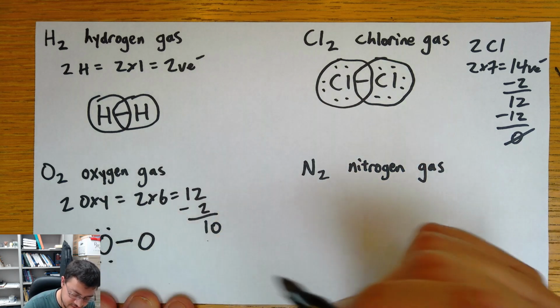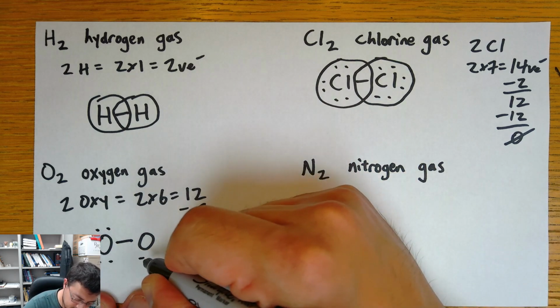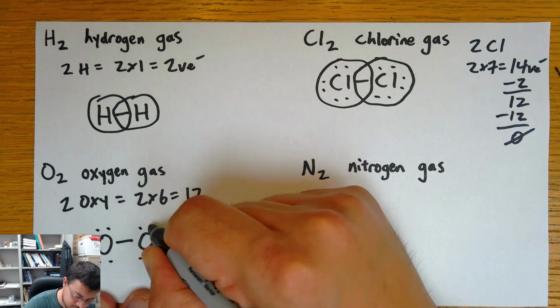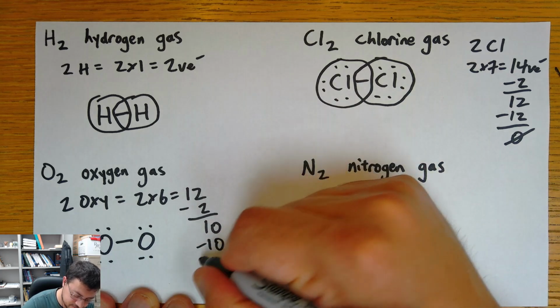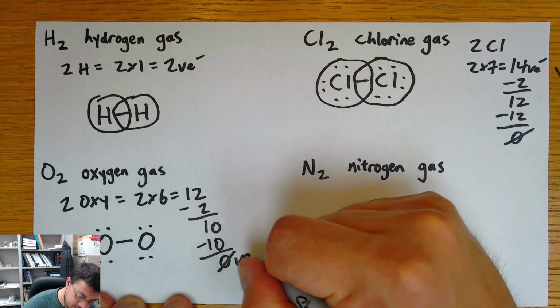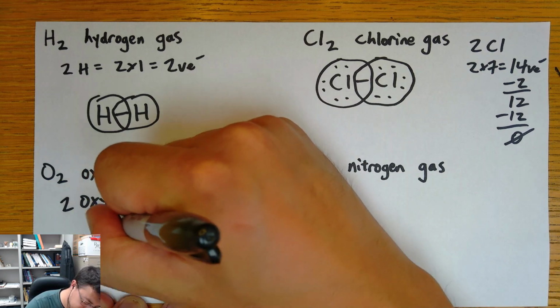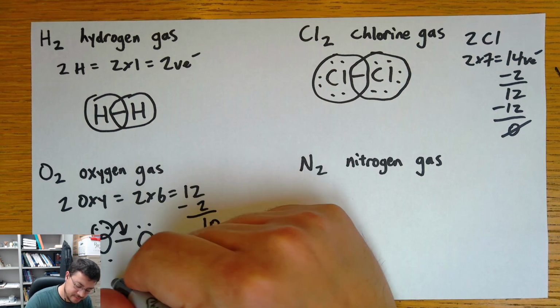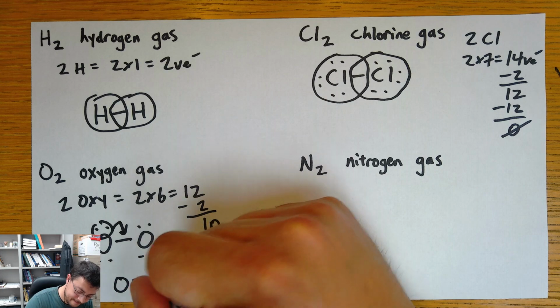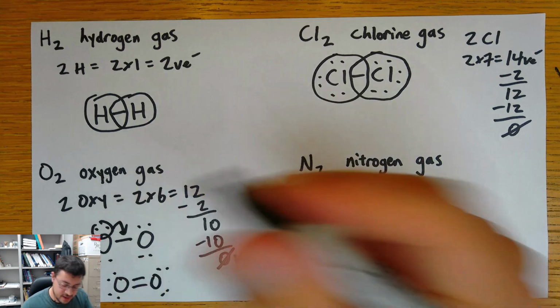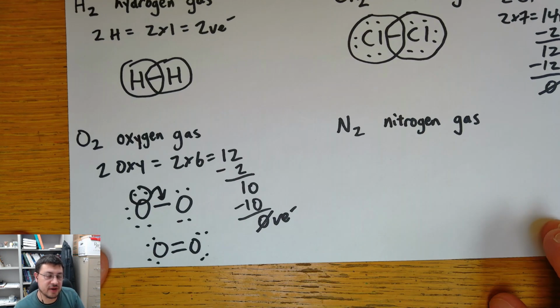That oxygen's done. 7, 8, 9, 10. Uh-oh, we are out. But not to worry, we can turn that into a double bond, and we get that structure for oxygen.